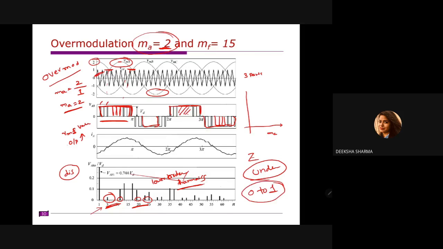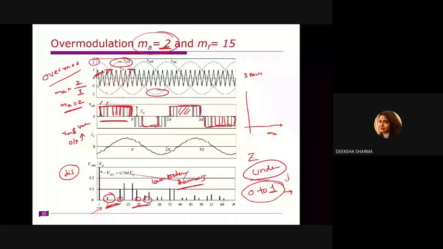In certain cases, for example, if it is driving an induction motor and suddenly there is a slight increase in the load, or the load is increased beyond what you actually designed for, then you slightly go for over modulation. So this over modulation is normally required. But when you're designing an inverter, we have to make sure that it operates in under modulation only. Clear? Yes, sir. Thank you, sir.